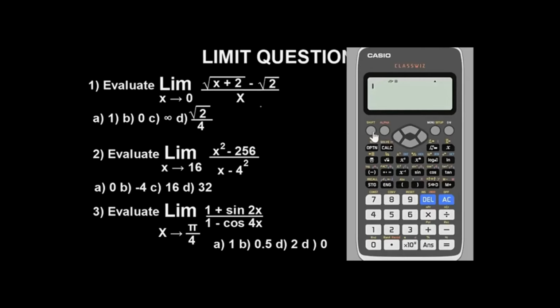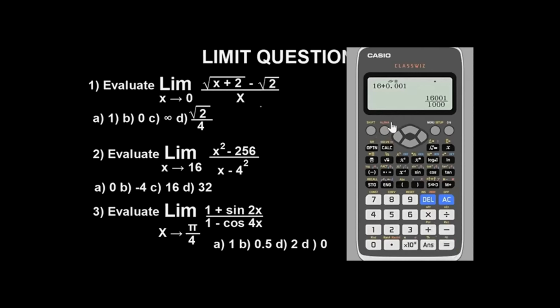Now to clear, hope by now you have known how to clear. You press shift, button 9, follow the instruction, initialize all, press equal to, then press equal to again. So now let's store 16 plus. Remember this constant, guys, very, very important. Don't ever forget it. 16 plus 0.001, then press equal to.